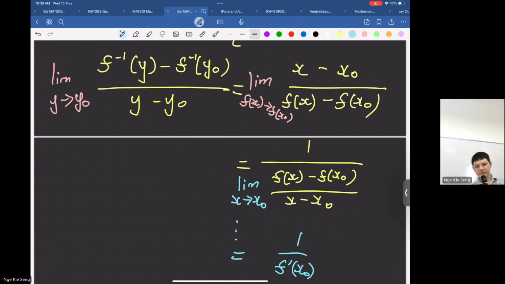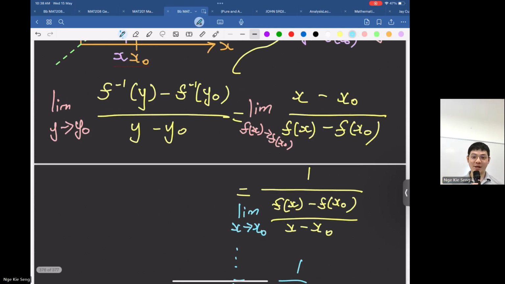But do we have that or not? Continuity. I think definitely we need it somewhere. Let's think about it.